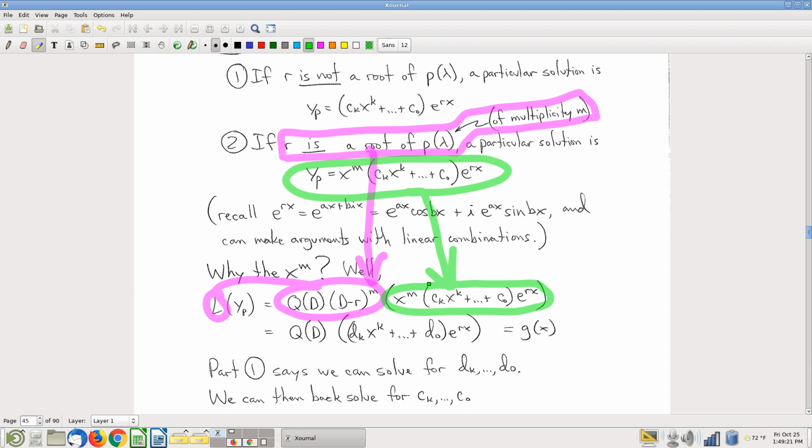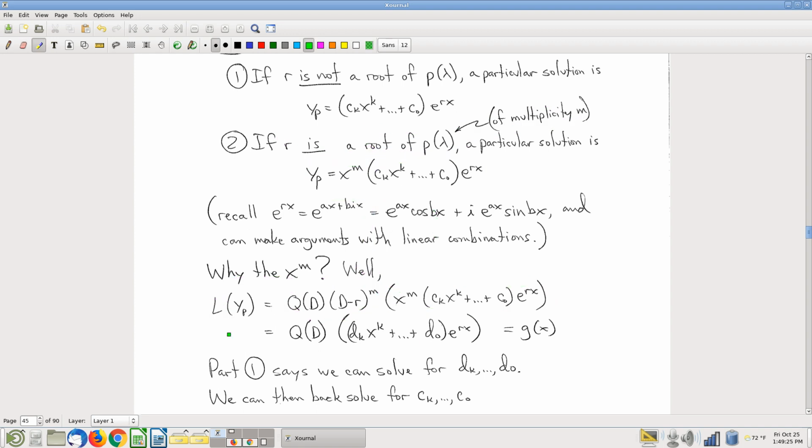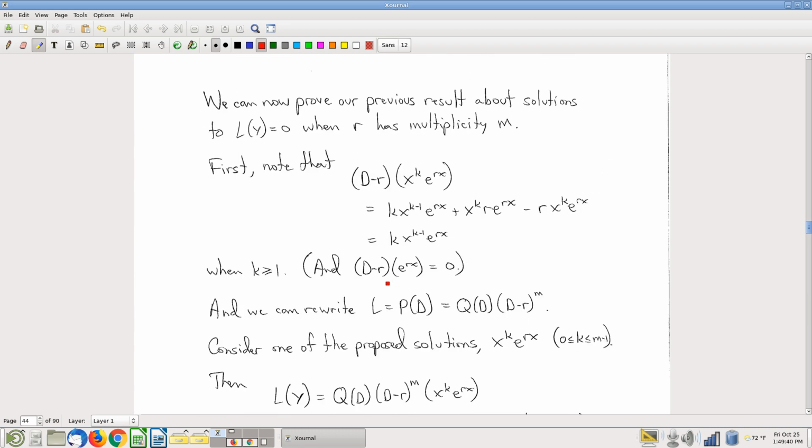Right? And now what I'm going to do is I'm going to point to another thing that has showed up. Notice we have a bunch of factors of D minus r. And check it out here, we have a bunch of factors of x. Right, and now remind you, going back to the previous page, what does D minus r do to x's?